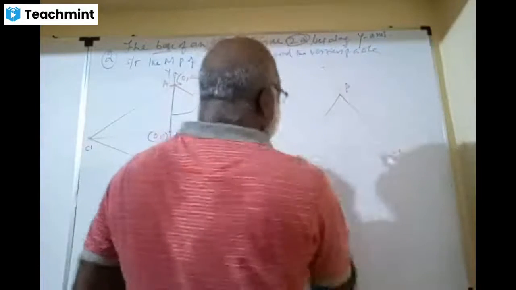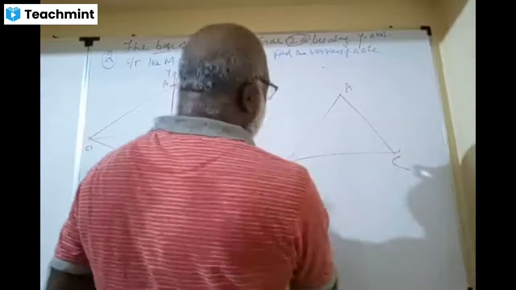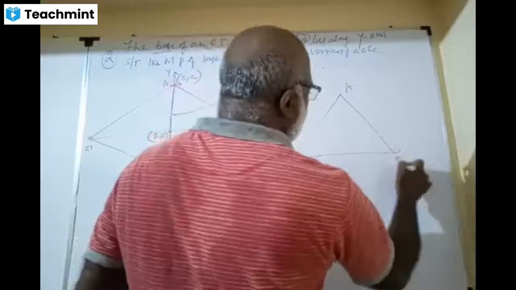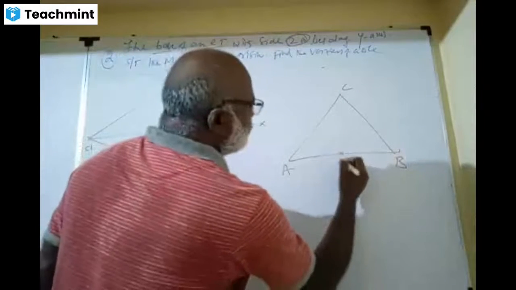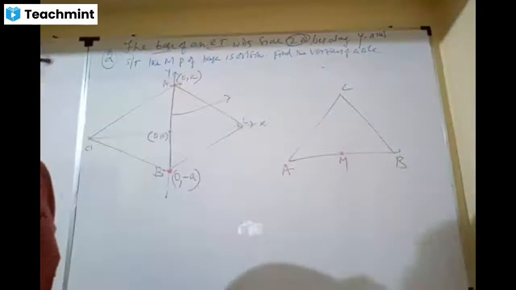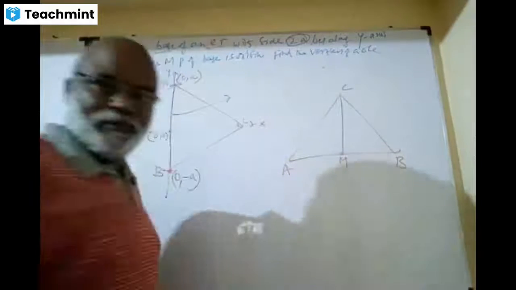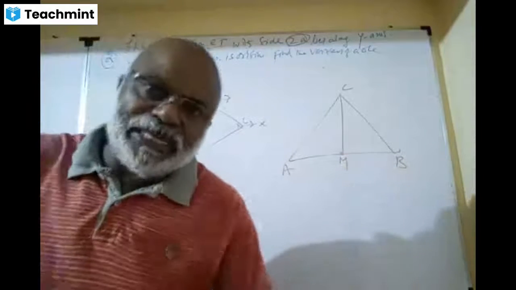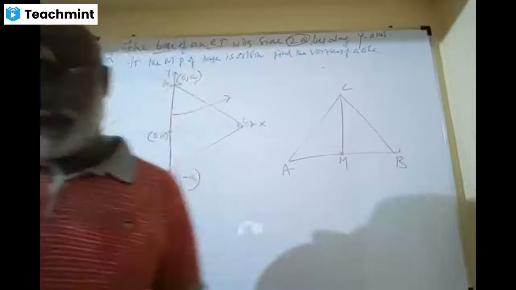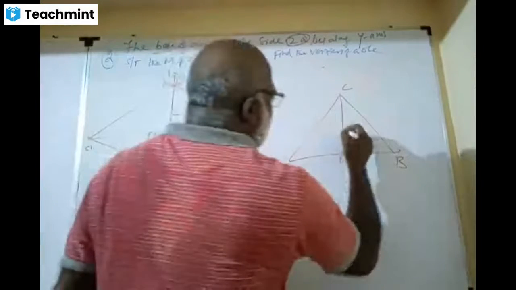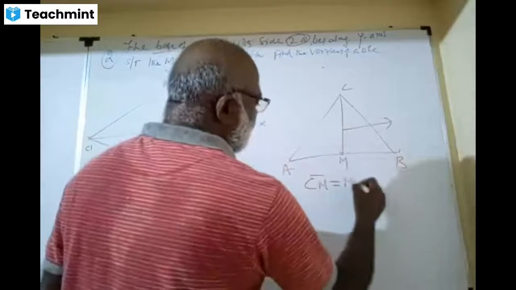Let me call AB itself the base so that you can correlate. This is my midpoint M. If I join CM, what is CM called? Median, sir.